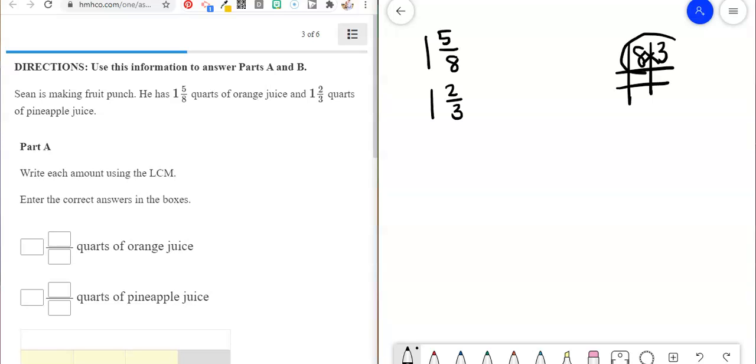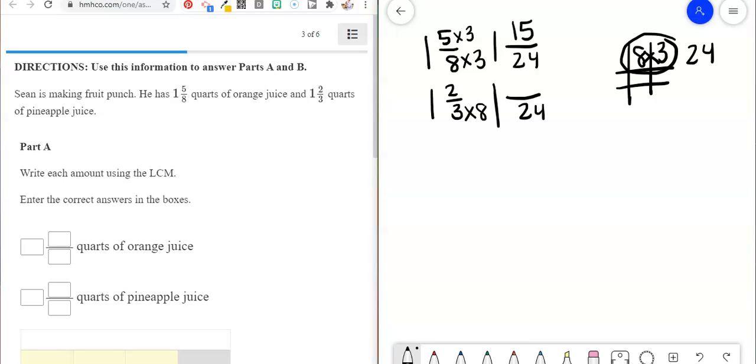So nothing can go into 8 and 3, so I'm going to multiply together, and I'm going to get 24. So I'm going to turn both of these into 24 on the bottom. Make sure you carry your whole number over, otherwise it's like leaving a box of pizza behind. 8 times 3 is 24, and 8 times 5 is 15. 3 times 8 is 24, and 2 times 8 is 16.